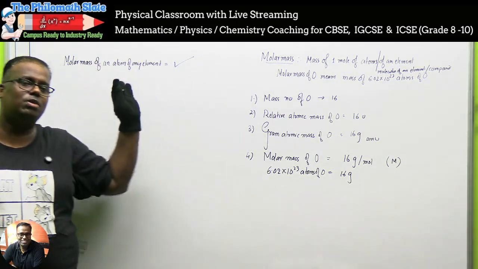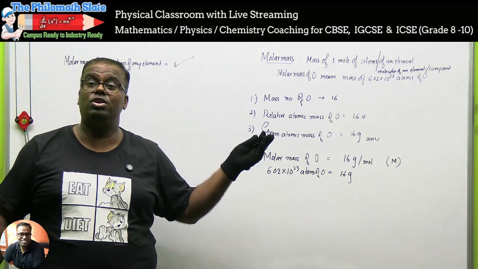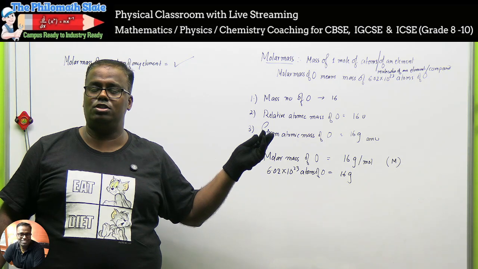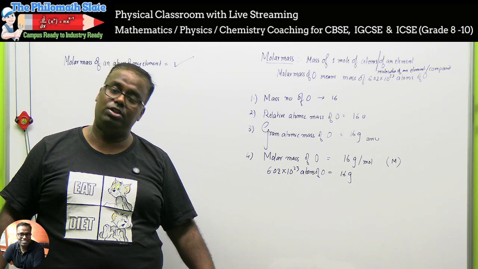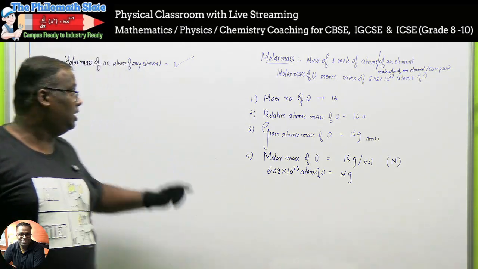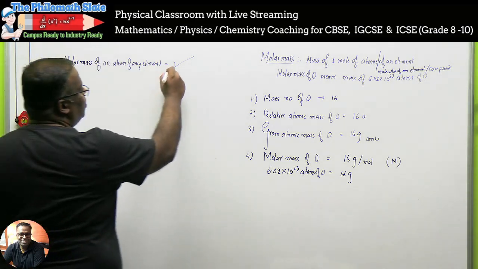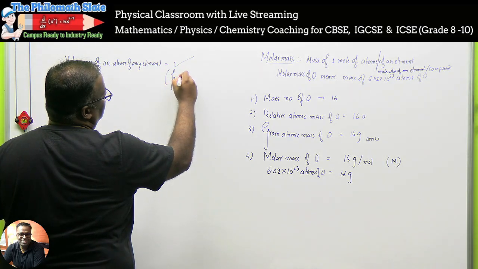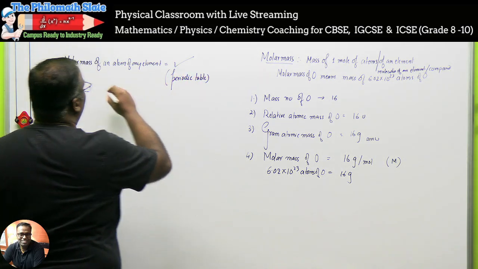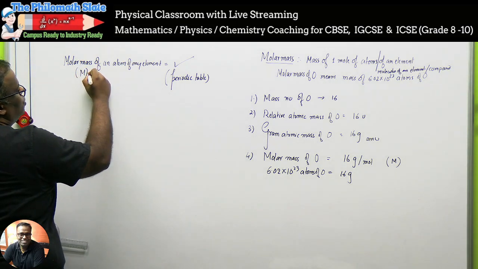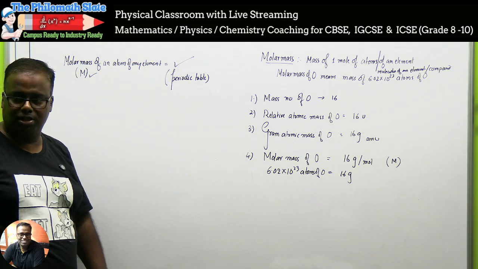So sodium's molar mass is also 23 grams. Means if you take 6.022 into 10 to the power 23 sodium atoms, they will weigh 23 grams. Have you understood? This is always known to you. How do you get to know it? From the periodic table. So M as a quantity is always known to us for an atom.